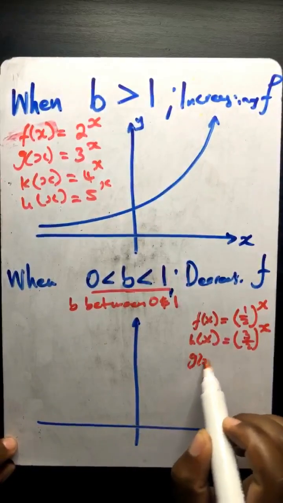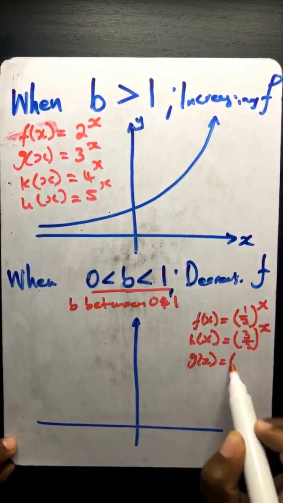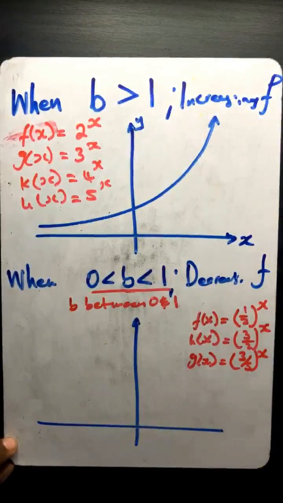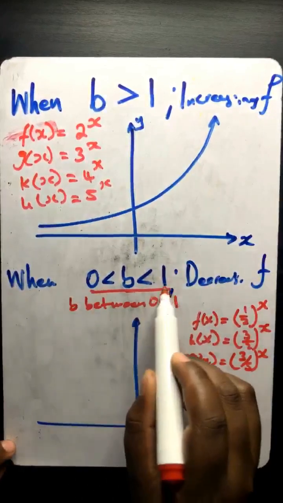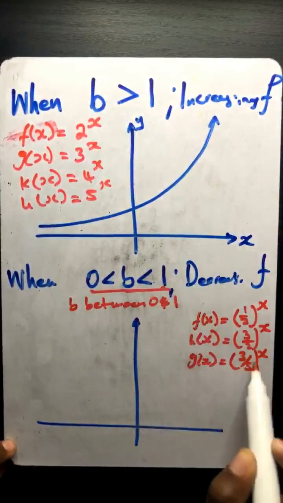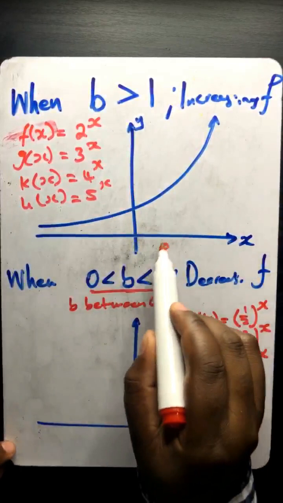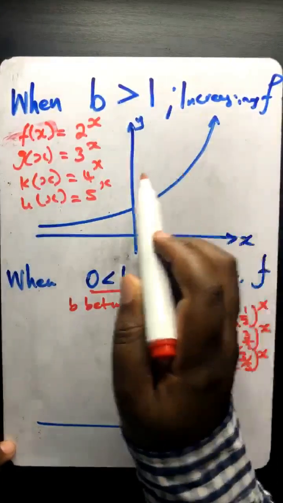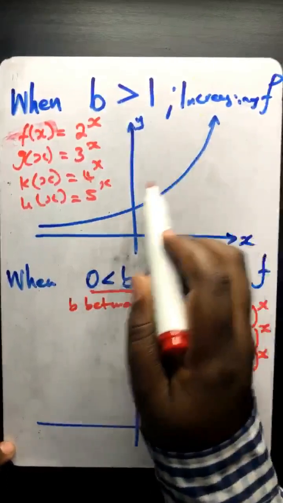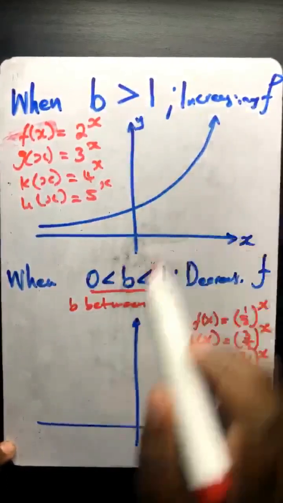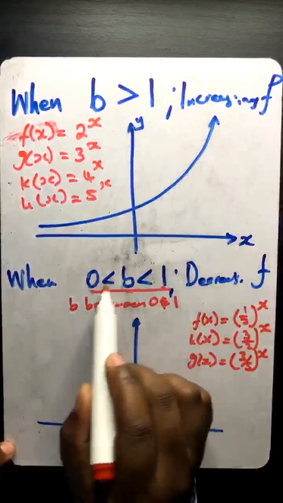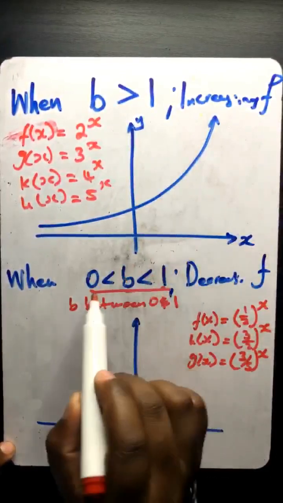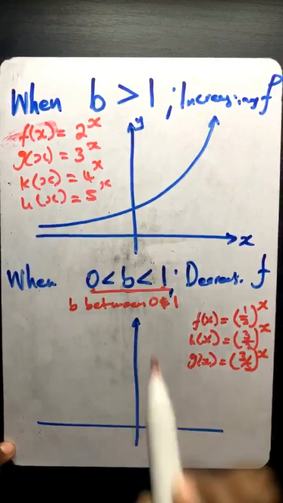Maybe g of x, even a value like 3 over 5 to the exponent x is still between 0 and 1, because as a decimal it is 0.6. Can you see this value is between 0 and 1? So for you to fully understand it, always say b is between whatever those two values are.